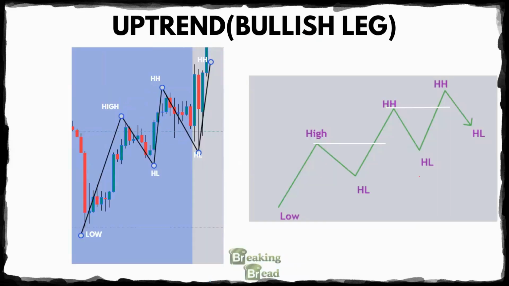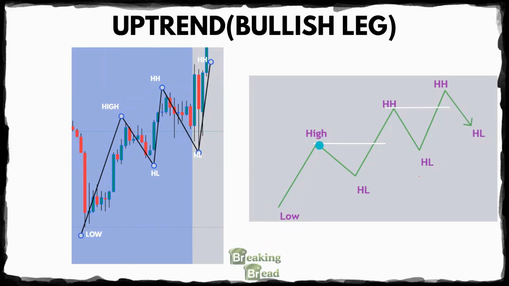Now let's talk about what an uptrend is. Your uptrend, your bullish leg, your bullish price action, this is price going up. If we are in an uptrend, our highs should be getting higher and our lows should be getting higher. So we have a low put in, meaning this is the lowest price got within this trend.